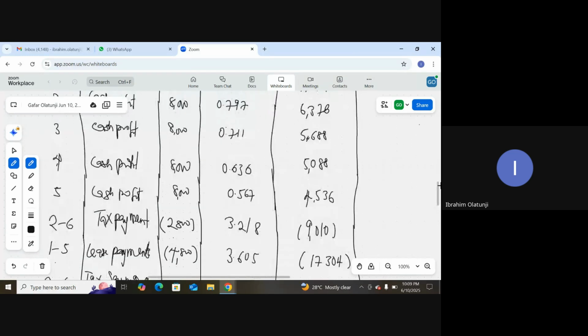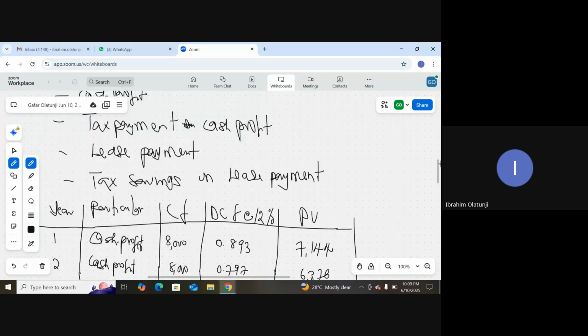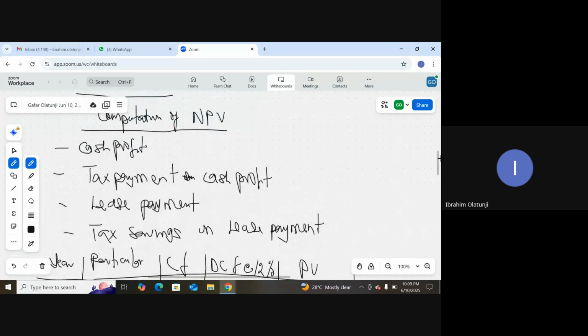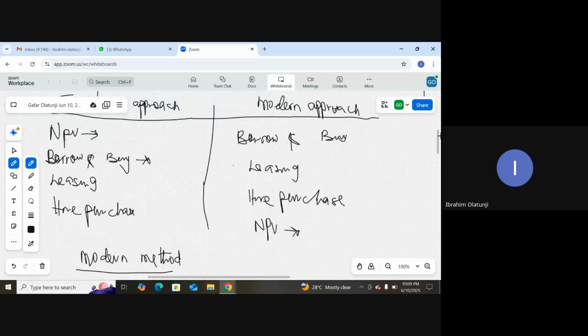So that's all for the modern approach. Based on my explanation, all these things are relevant to compute under the modern approach, just that we've done it under traditional, and there's no difference. It is only NPV that is different, because under the traditional approach, if you want to calculate NPV, you need the initial outlay.